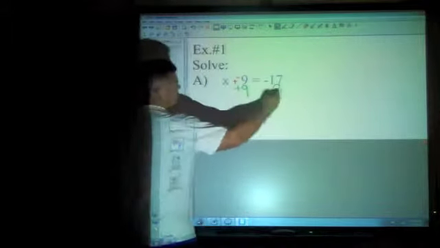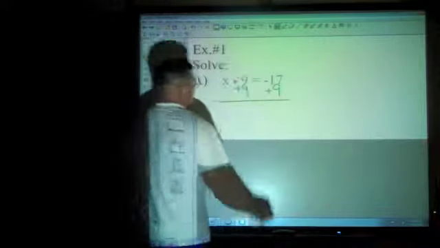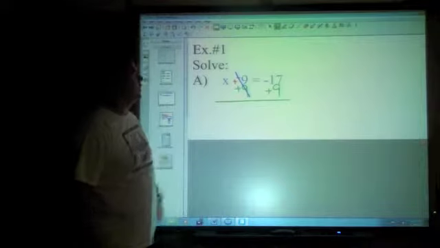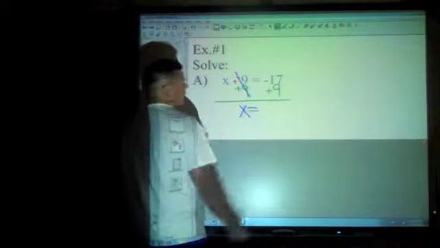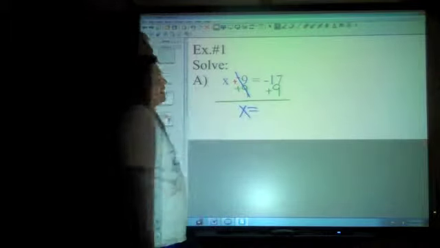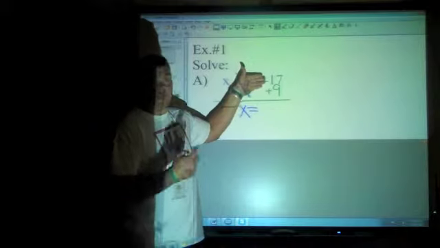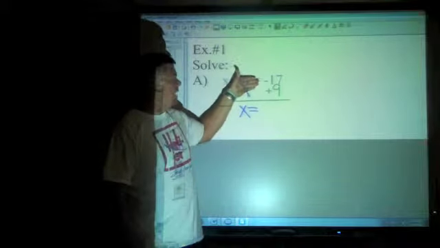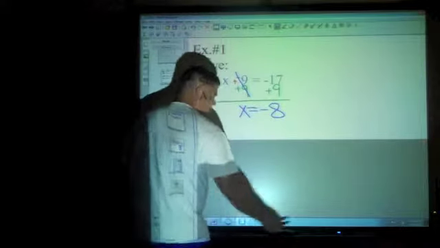So I'm keeping things balanced, keeping things fair. Now, these cancel out. A negative 9 and a positive 9 are opposites. I have the x all alone, which is what I would like, and I have an addition of a positive and a negative number. So I ask myself, do I have more positives or do I have more negatives? I have more negatives. The second question, how many more? I have 8 more negatives. The answer is negative 8.